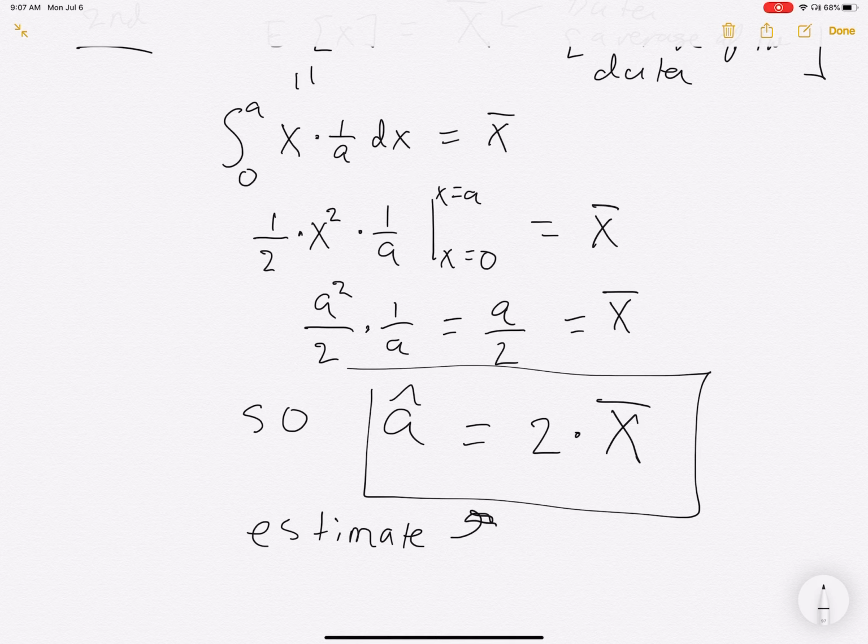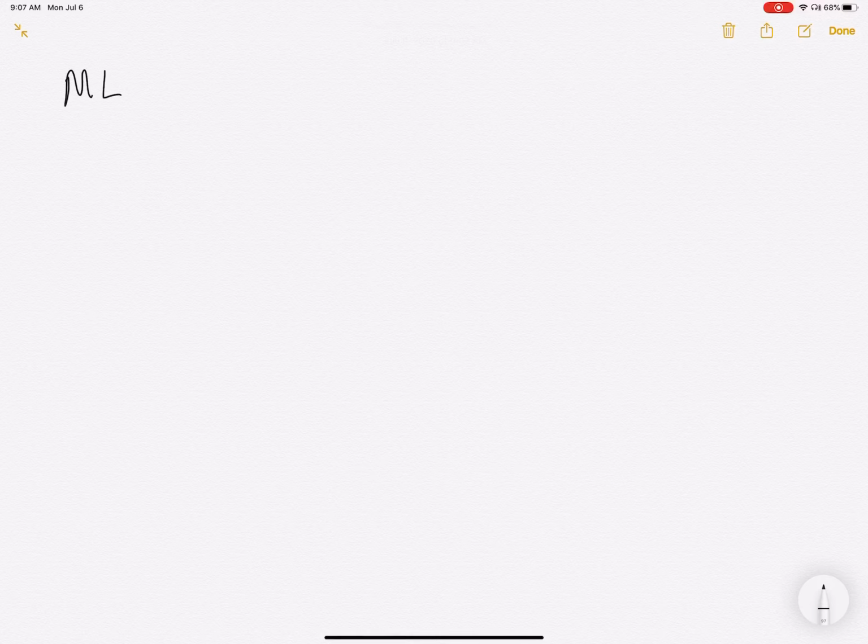Okay. Now, let's do it with the other method, the maximum likelihood estimator. So our first step is just to have data, x1 through x sub n.